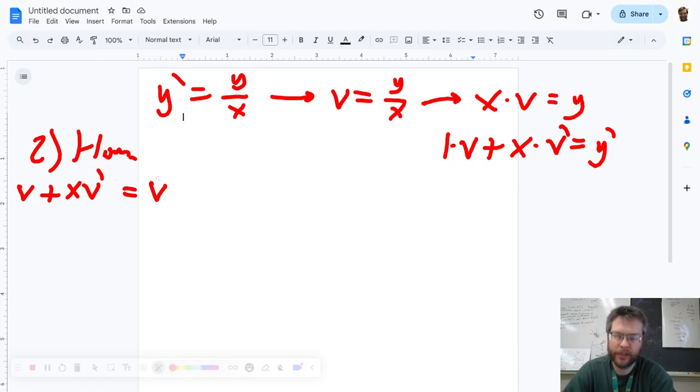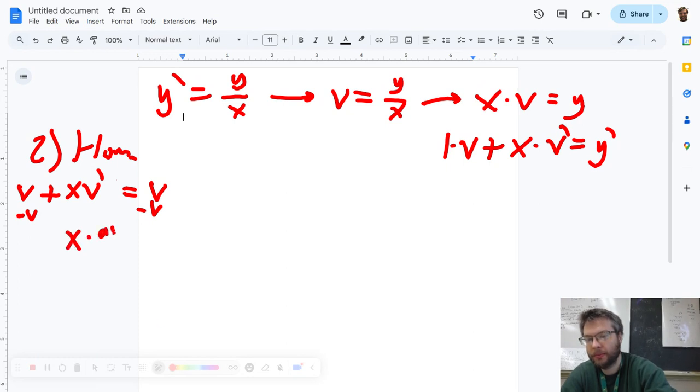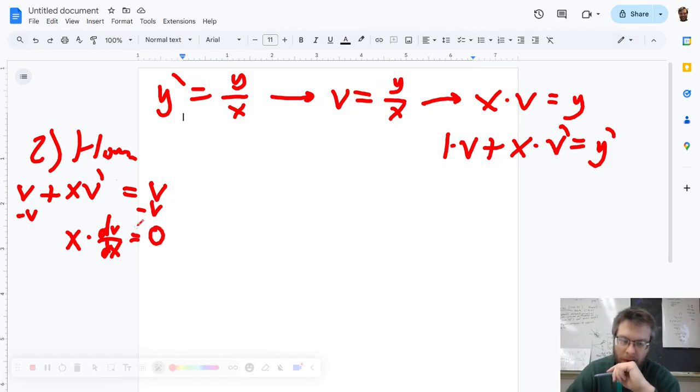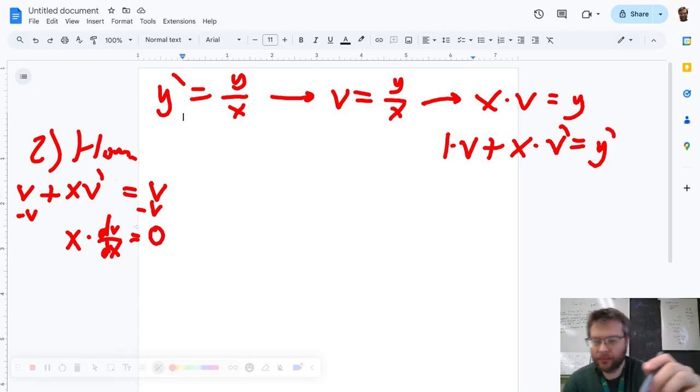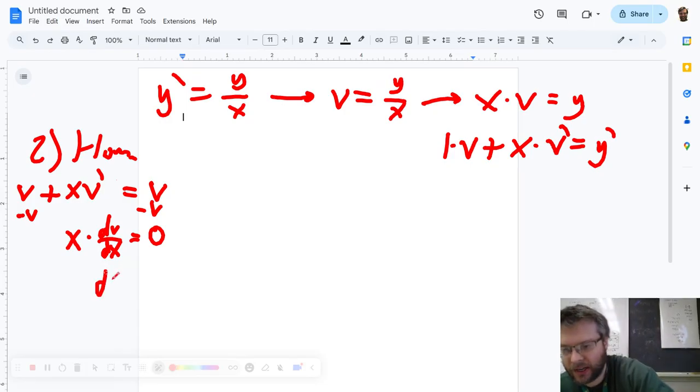Okay, so let's see if this works. After you make your substitution, you try to solve it like a separable. So we go minus v, and we have x times v prime, which is x dv/dx, equals 0. I then divide by x, so I have dv/dx equal to 0.